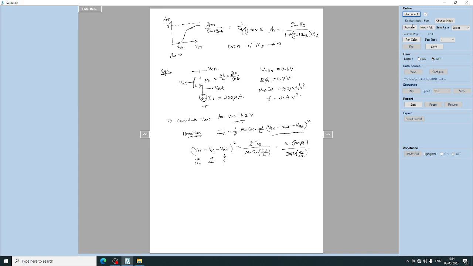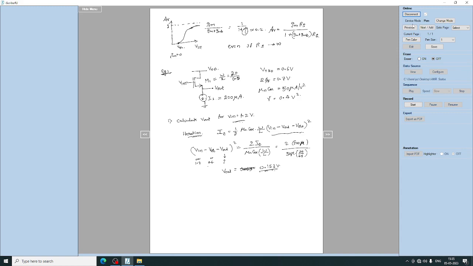By evaluating this, we obtain V out to be 0.153 volt. So this is the output voltage with the threshold voltage of 0.6.